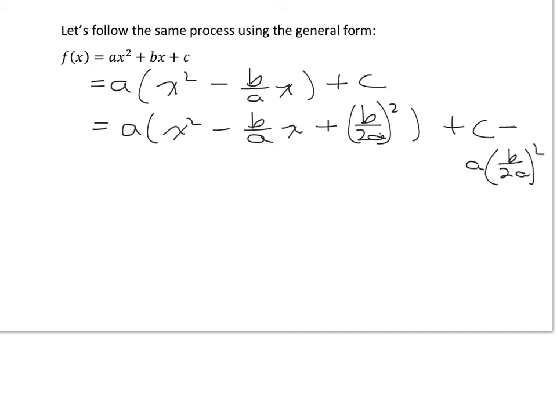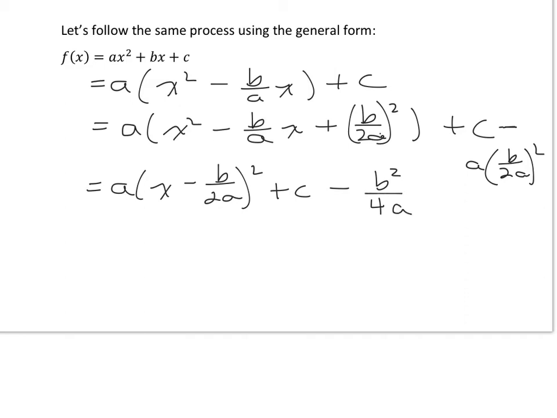So a little bit of simplifying to do here. We have a times x minus b over 2a squared, plus c. And if I square this first, I'll have b squared over 4a squared. And I'm multiplying it by a though, so I'll have c minus b squared over 4a.